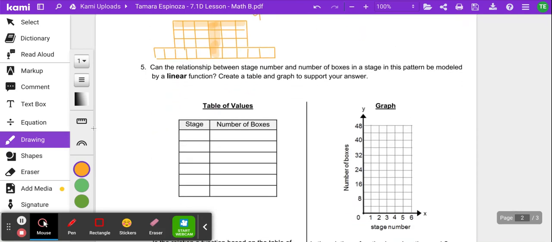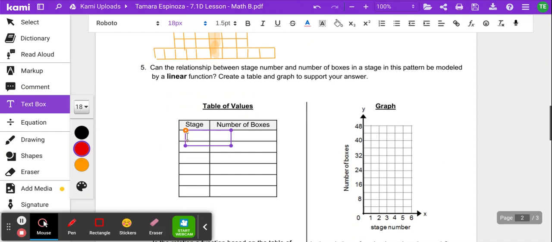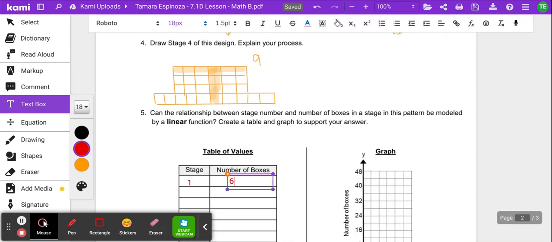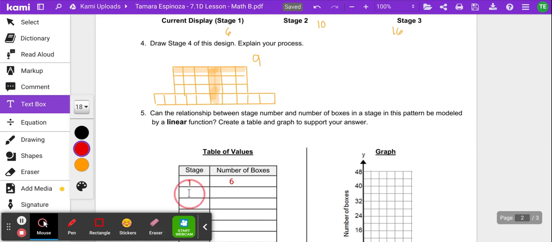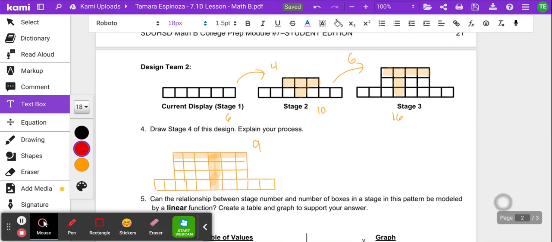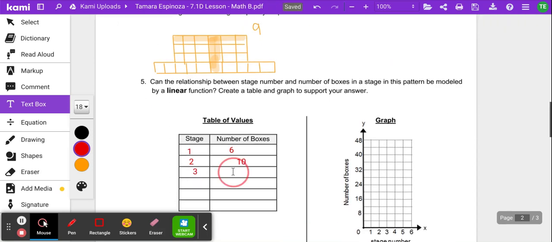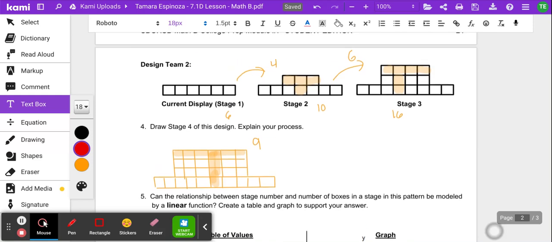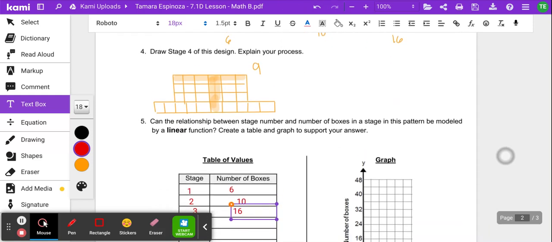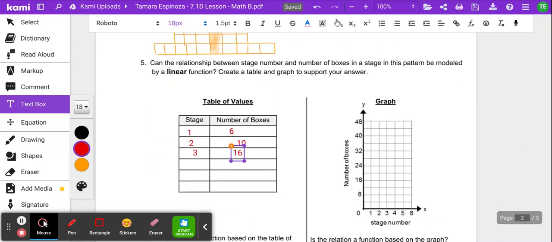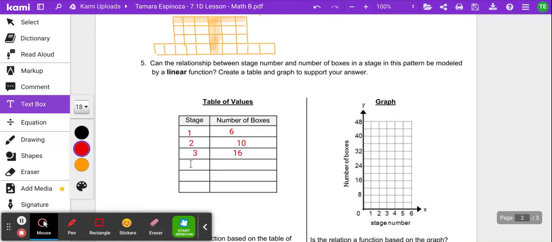So stage 1 had 6 blocks, and stage 2 had 10 blocks, and stage 3 had 16 blocks, and stage 4, I added 9, but I never actually wrote how many blocks I had. Stage 4, we had 24 blocks.